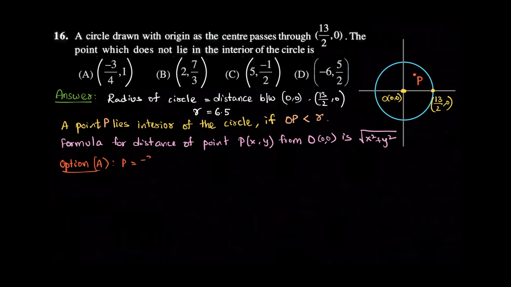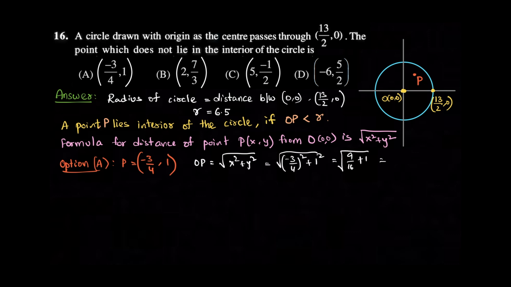Let us try option A. Option A is point P equal to (-3/4, 1). We need to find the distance OP, which is root over x square plus y square. That is root over (-3/4) whole square plus 1 square, which is root over 9/16 plus 1.